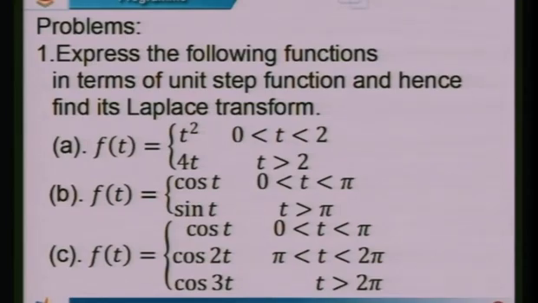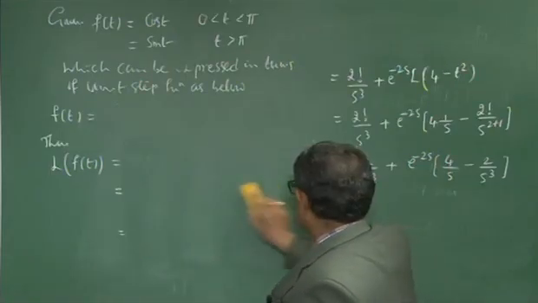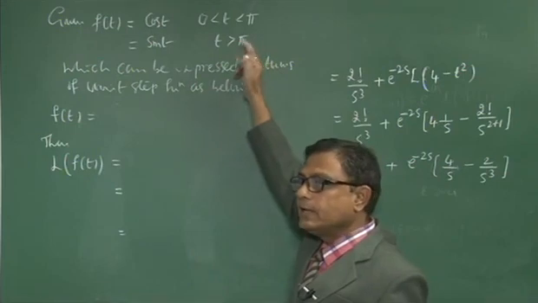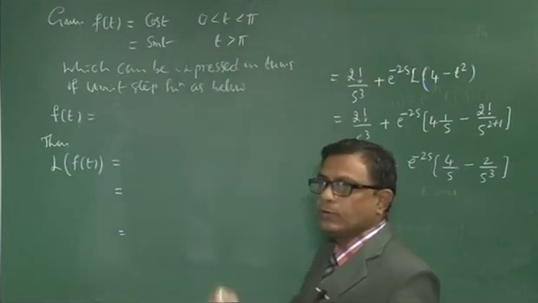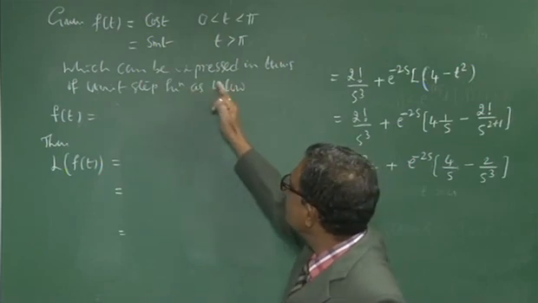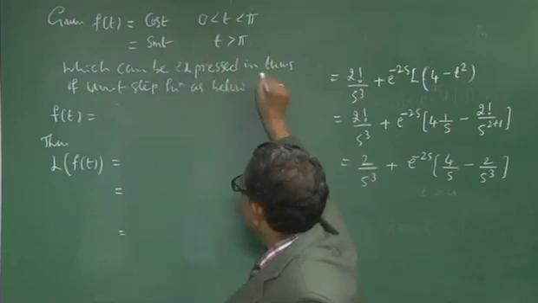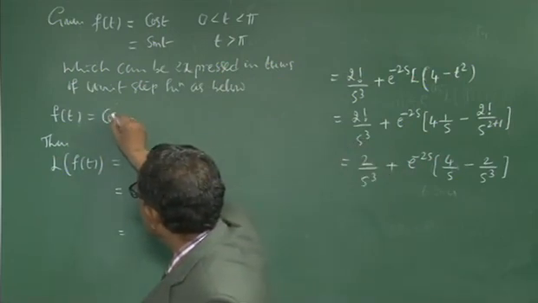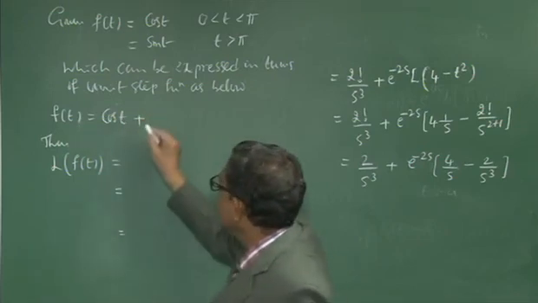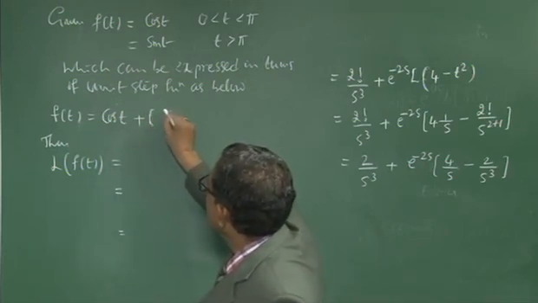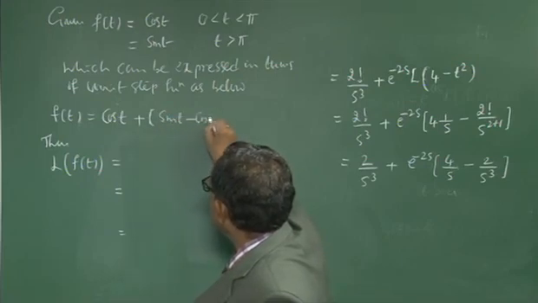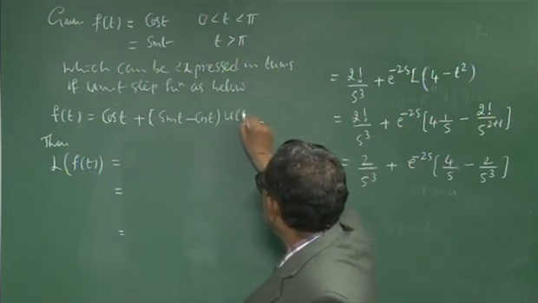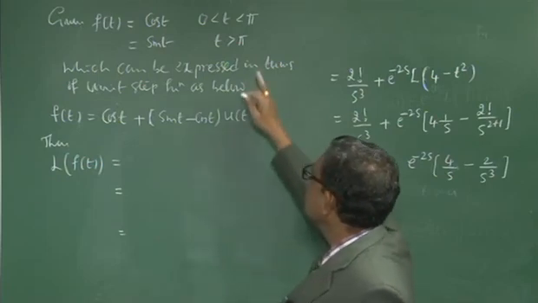How to express this function, defined in the interval 0 to pi and t greater than pi? First part, it can be expressed in terms of unit step function as below. F of t, the first function you keep as it is, cos t, plus the second function sin t minus cos t, the difference between the first and second function, into u of t minus pi, where a is pi.